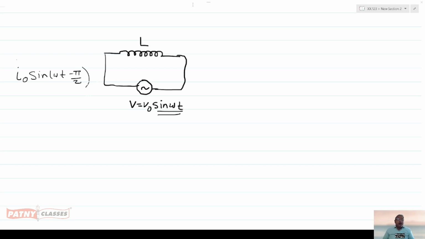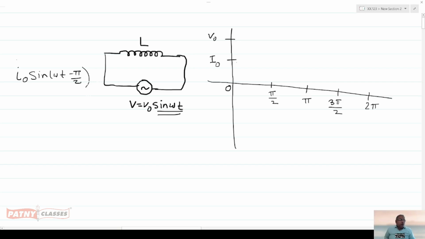for this circuit. First of all, plot all the values along the omega t axis, and the voltage and current vertically. I naught is the peak value of the current and V naught is the peak value of the voltage.